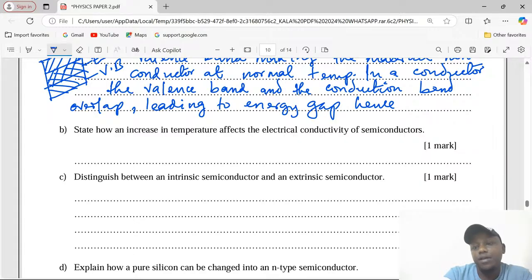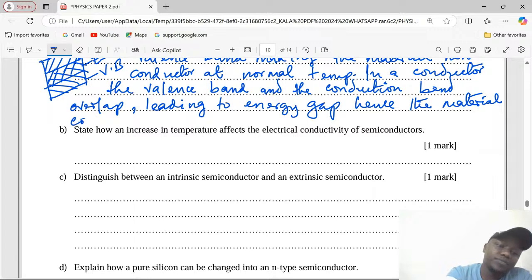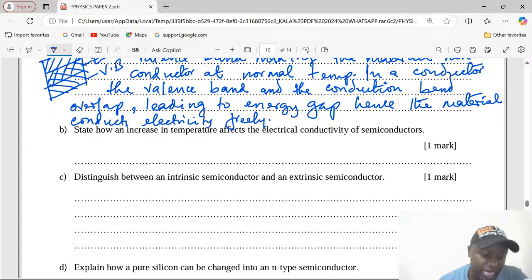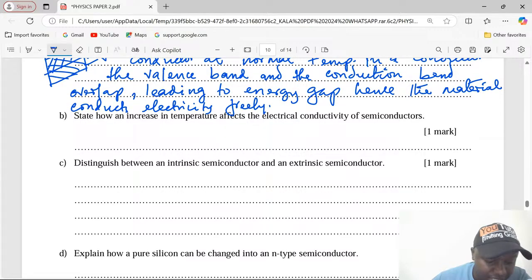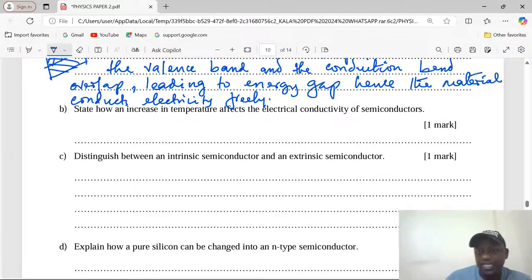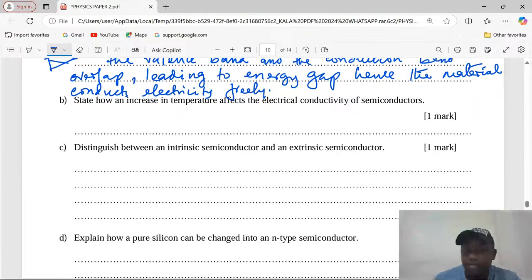Hence, the material conducts electricity freely. It just conducts electricity freely, even at low temperatures, at high temperatures, there is free conduction.